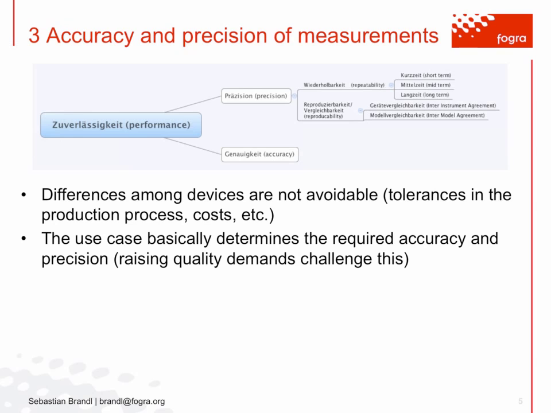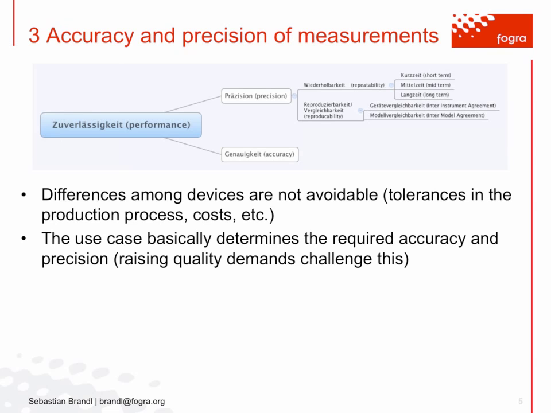Why this more or less worked quite well in the past, we see in the graphic arts that raising quality demands challenge this kind of fact. The required tolerances for proof or validation print or digital printing often come in the level of uncertainty among different devices.